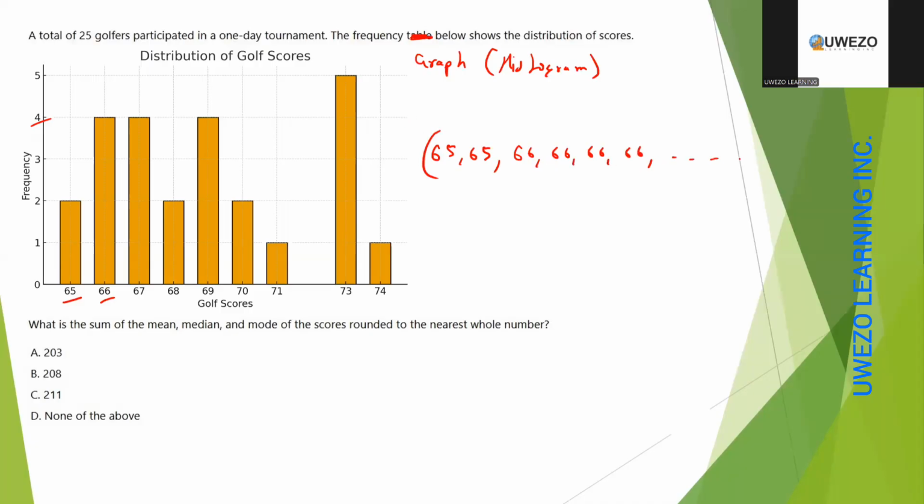So on, you can interpret all the values, and the total number of values is again 25. For all these values, again, we can calculate the mean, median, and mode like we did in the earlier slide. And again, the answer would be 211. So the frequency table is again a set of values, and each bar in the graph tells how many times the value is repeated.